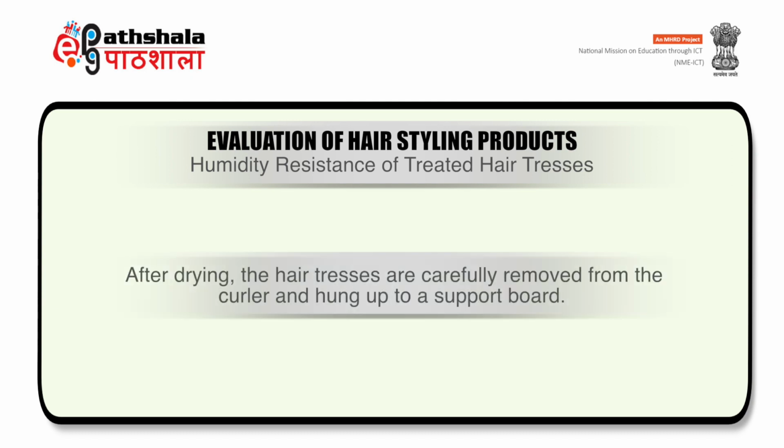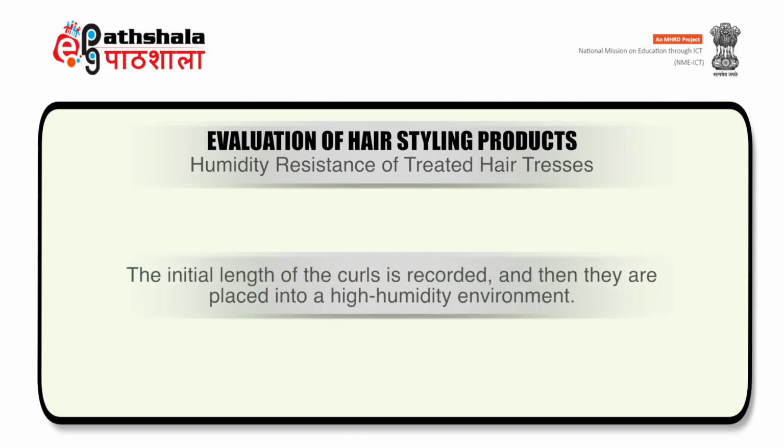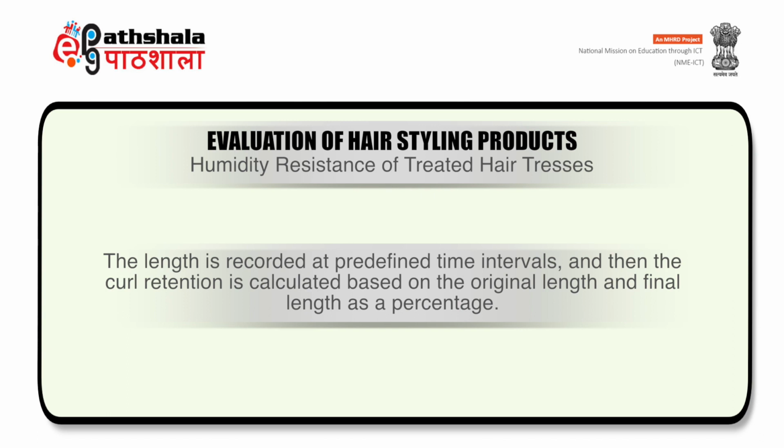After drying, the hair traces are carefully removed from the curler and hung up on a support board. The initial length of the curls is recorded and then they are placed into the high humidity environment. The length is recorded at predefined time intervals and then the curl retention is calculated based on the original length and final length as a percentage.